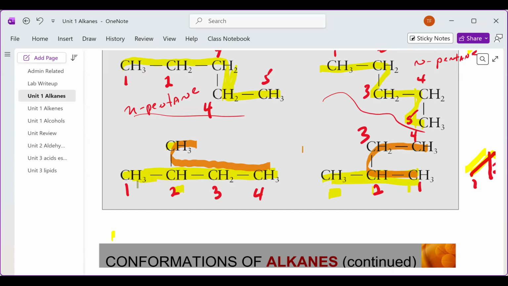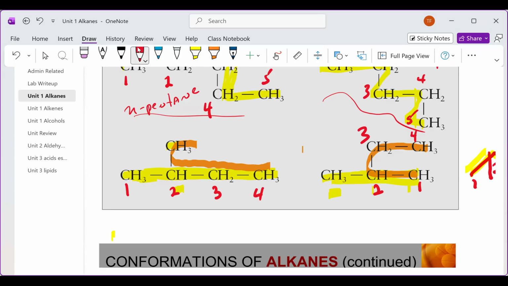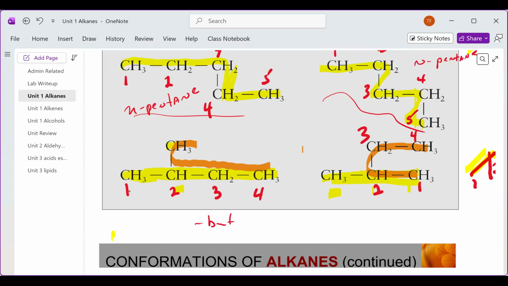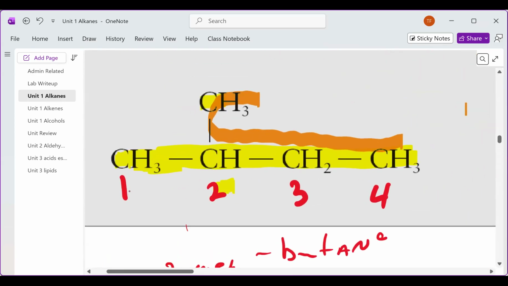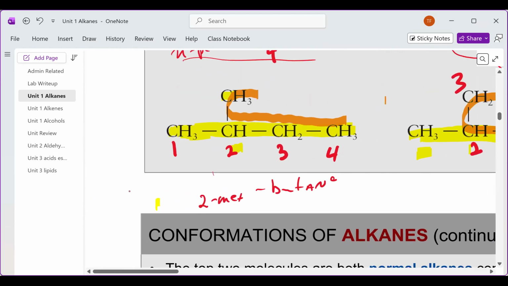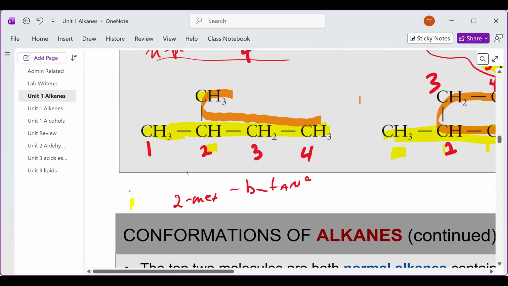It doesn't matter which one you choose. So this has 1 branch, and that branch is a methyl branch. So this would be 4 carbon backbone. That's called butane. 1 methyl on carbon number 2. So 2-methyl butane.